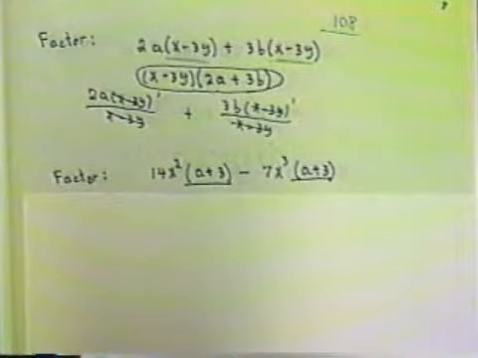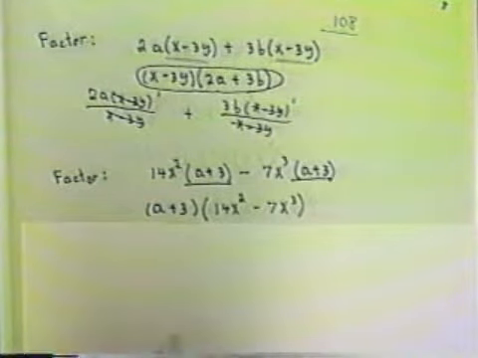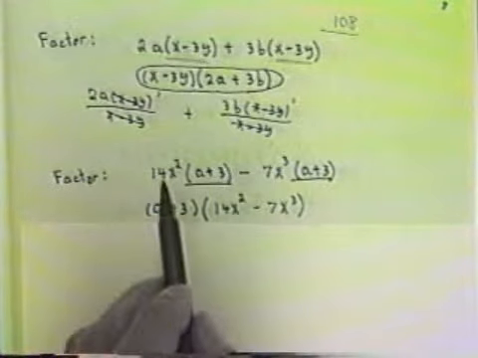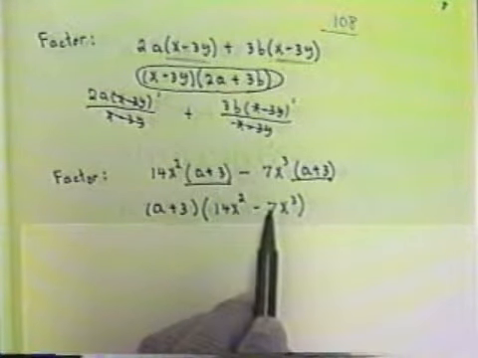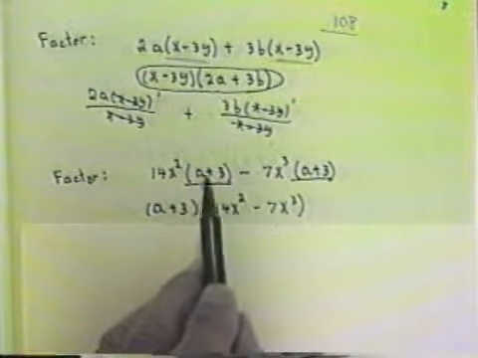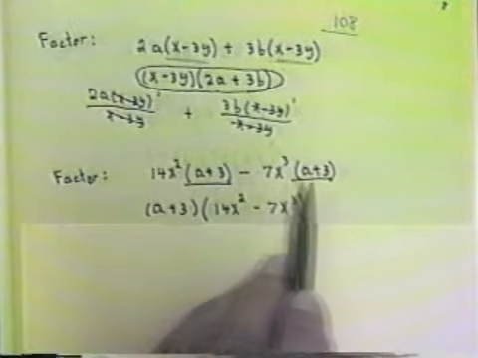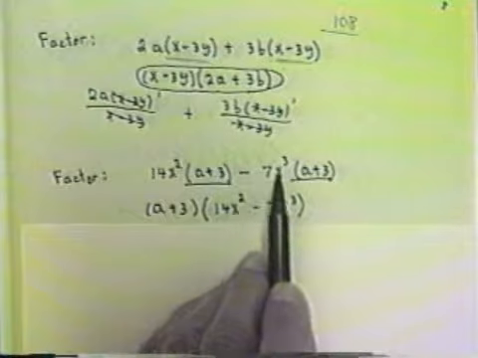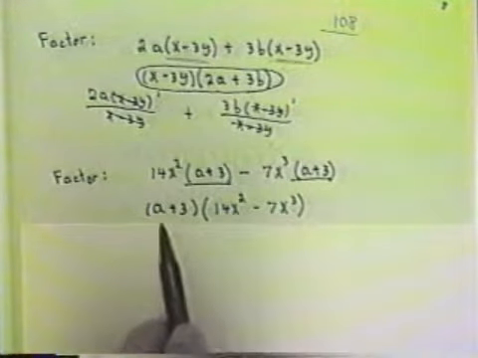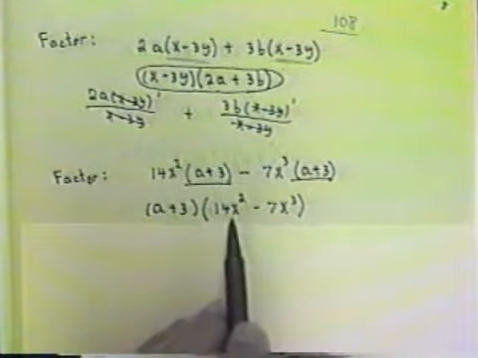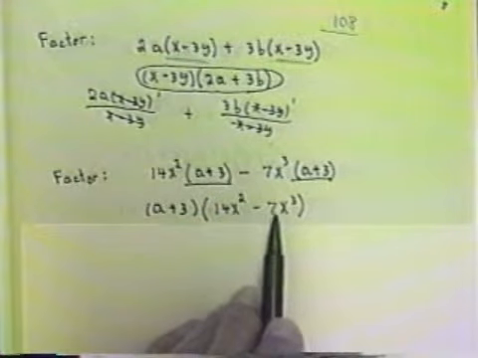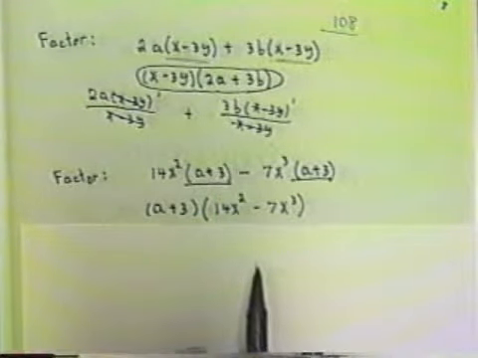So if I factor the a + 3 from both of them, I have (a + 3) times (14x squared minus 7x cubed). When I factor the a + 3 out of the first one, I'm left with the 14x squared. If I take the a + 3 out of the second one, I'm left with 7x cubed. So I have (a + 3) times (14x squared minus 7x cubed).